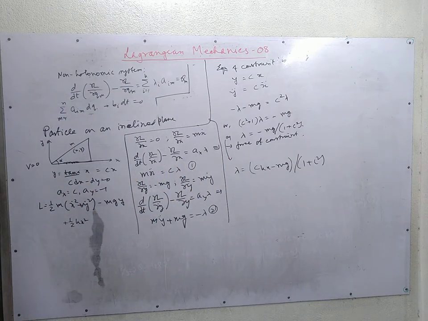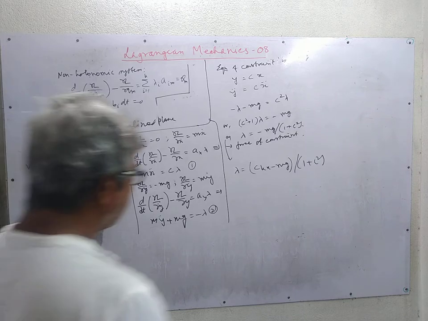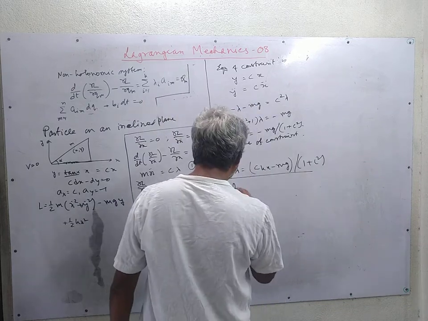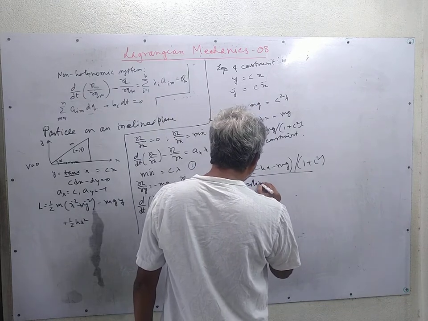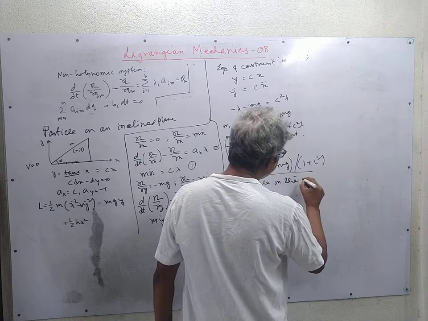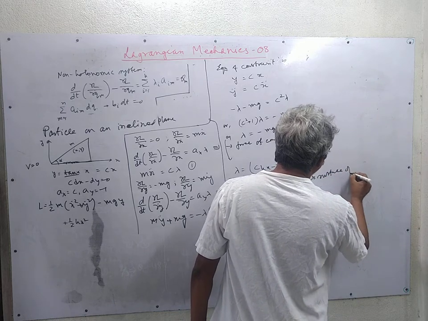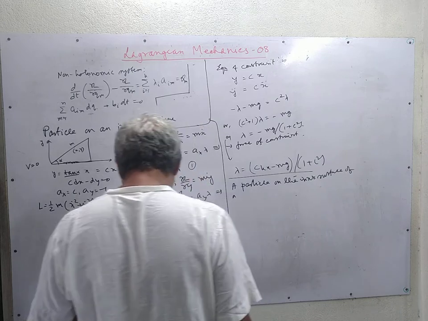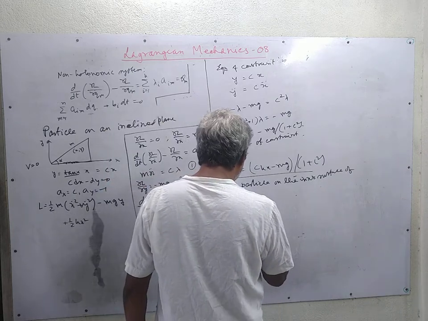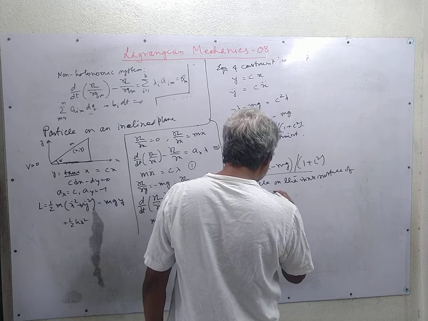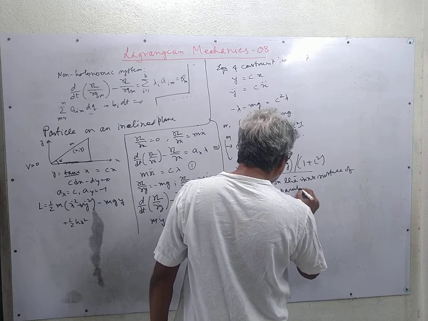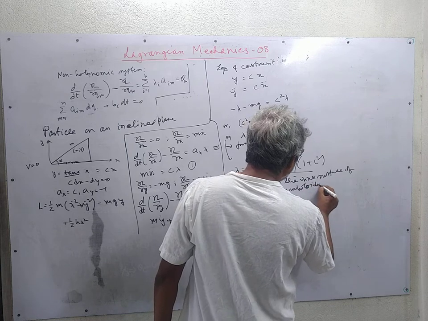I am just giving another problem for you to work out yourself. This is a particle moving on an elliptic paraboloid: a particle on the inner surface, which is a smooth one, of an elliptic paraboloid.